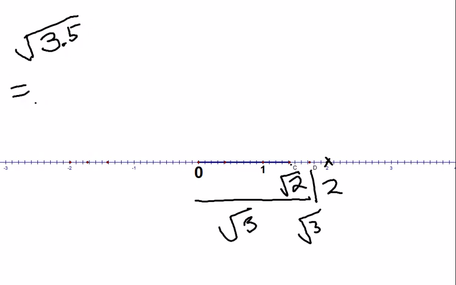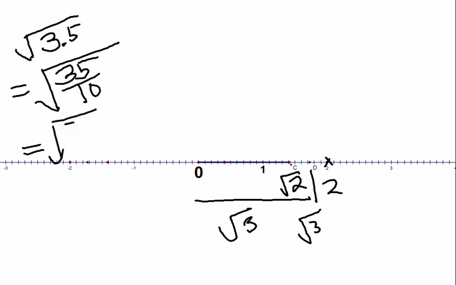So a way we can go about this is this: first notice 3.5 is 35 over 10, which will be square root of how much? 7 over 2.